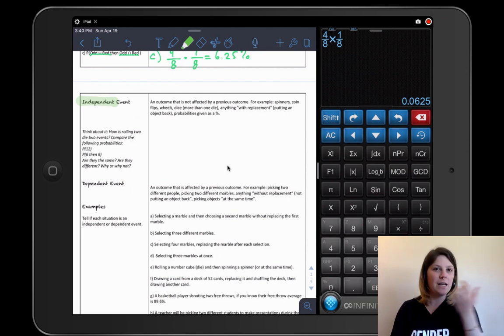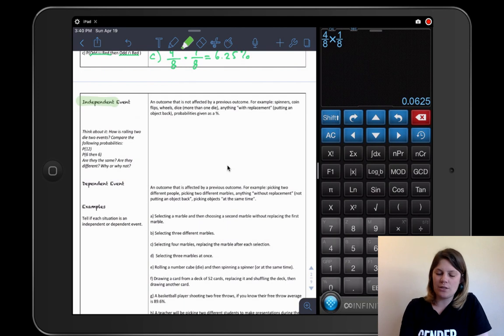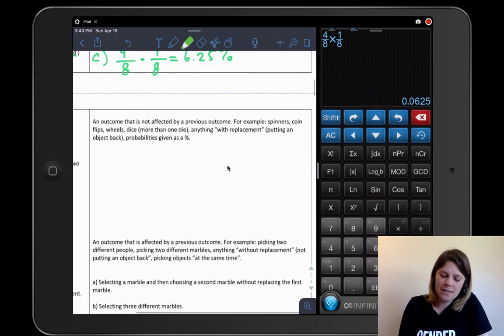But when we're talking about it in mathematics, it's a slightly different understanding. It's an outcome, an event that happens, that is not affected by a previous outcome. So it doesn't change based on what happened before.